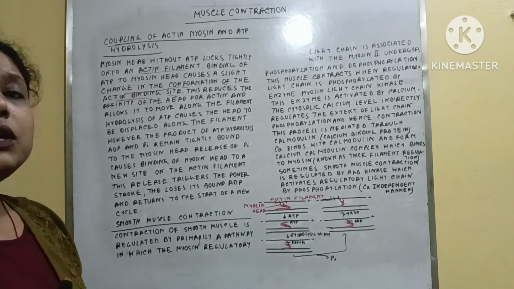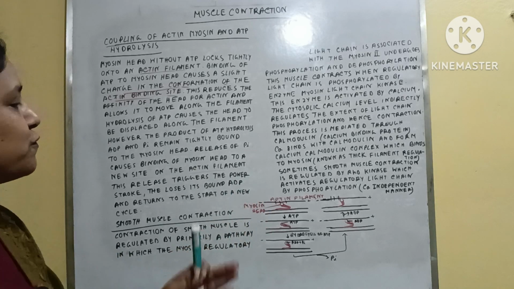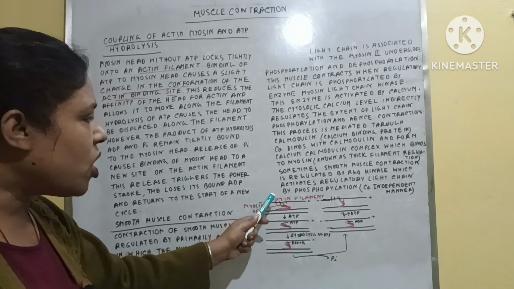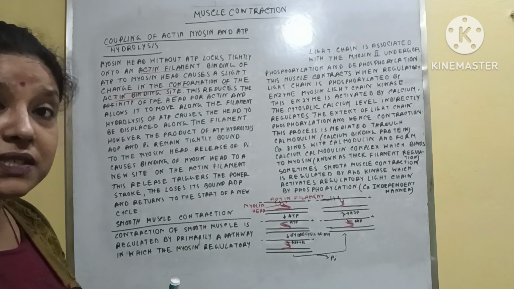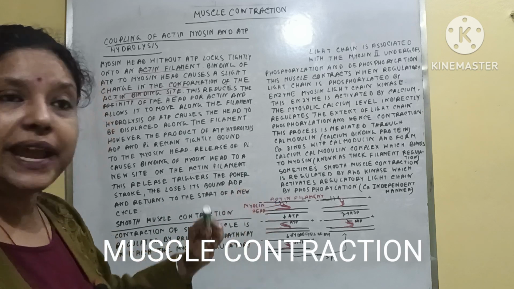And you may have a question: why is the position changed? Because here you have already seen that the conformation has changed, the binding site of the actin and the myosin head.